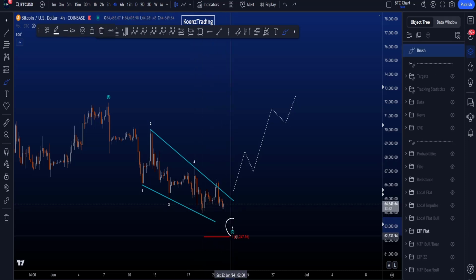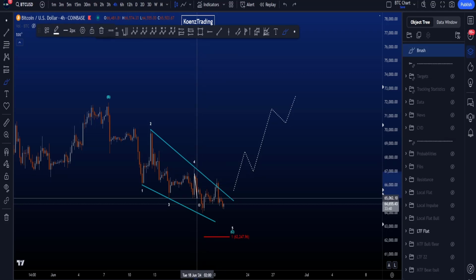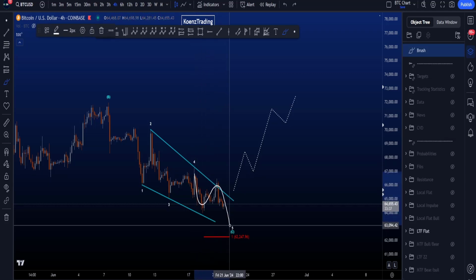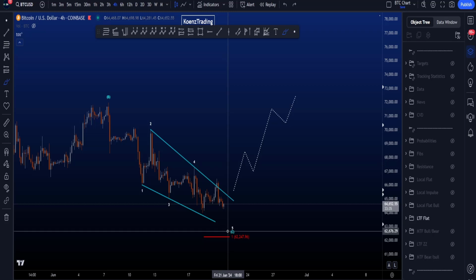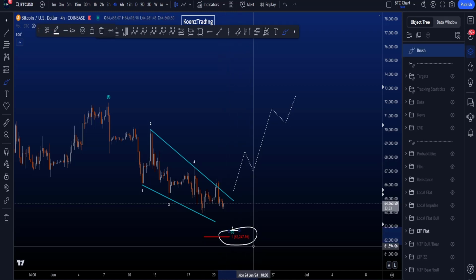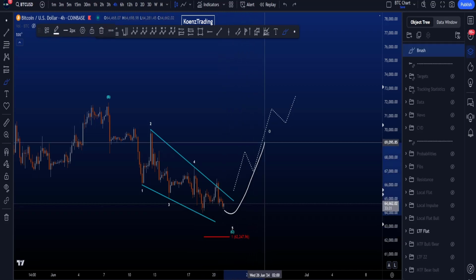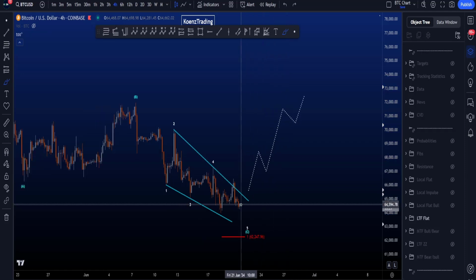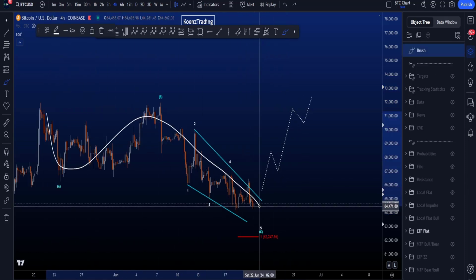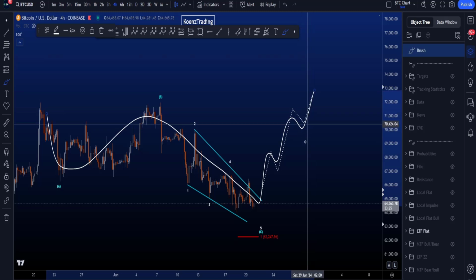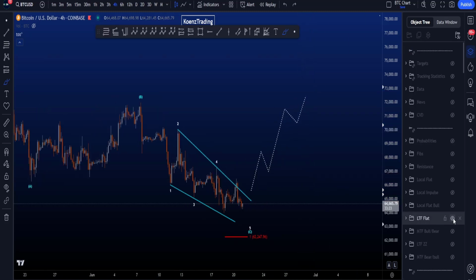Therefore, we want this wave C and wave 5 to finish at a later stage for then a bigger ABC structure to the downside to finish this diagonal, not touching 62.2k, followed by an impulsive move towards the upside, because after this flat ABC, we want to count a 5-wave impulsive move towards the upside.